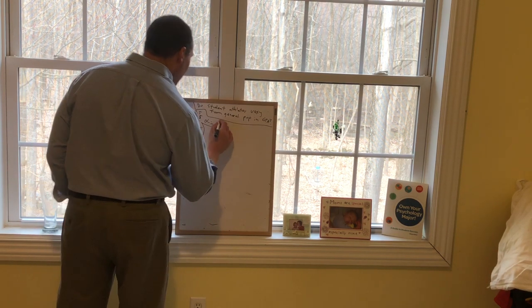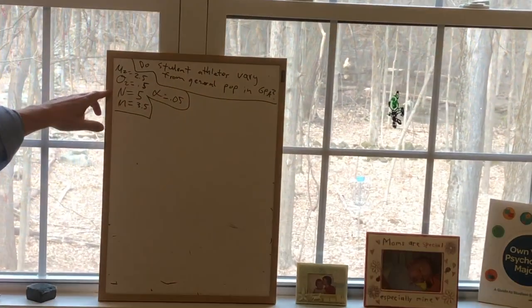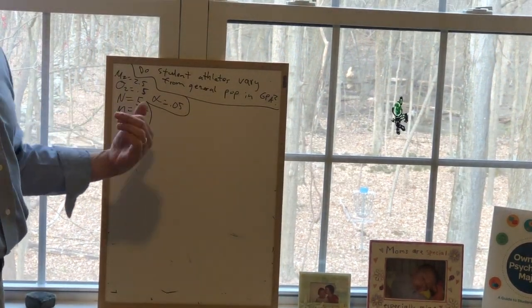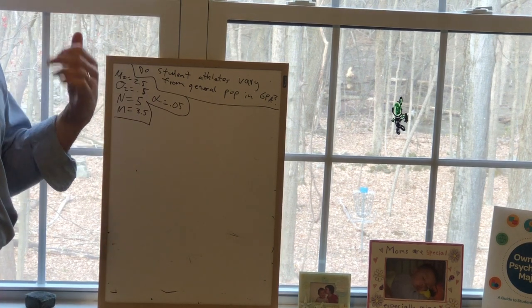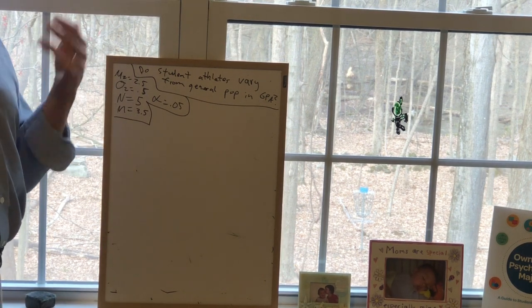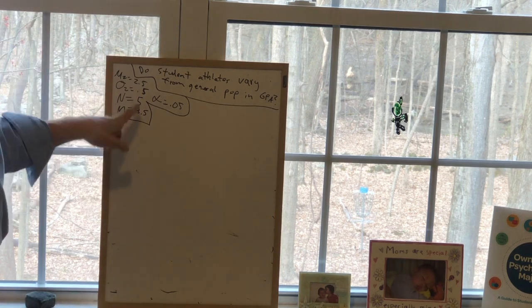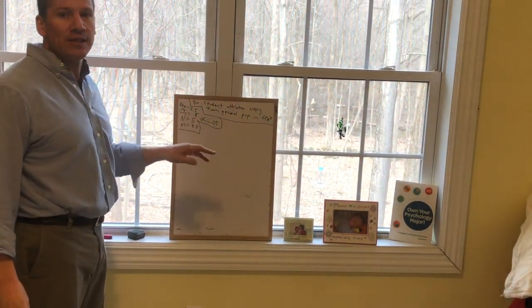Okay, so this is all the given information right here. Now remember, when it was just 3.4 with the individual case from chapter 8, we failed to reject the null hypothesis. Watch what happens now that we have an n of 5 and that the mean is slightly higher.